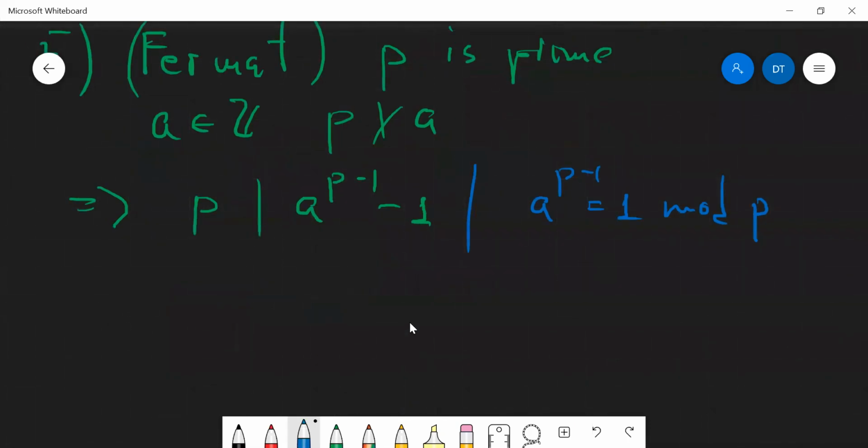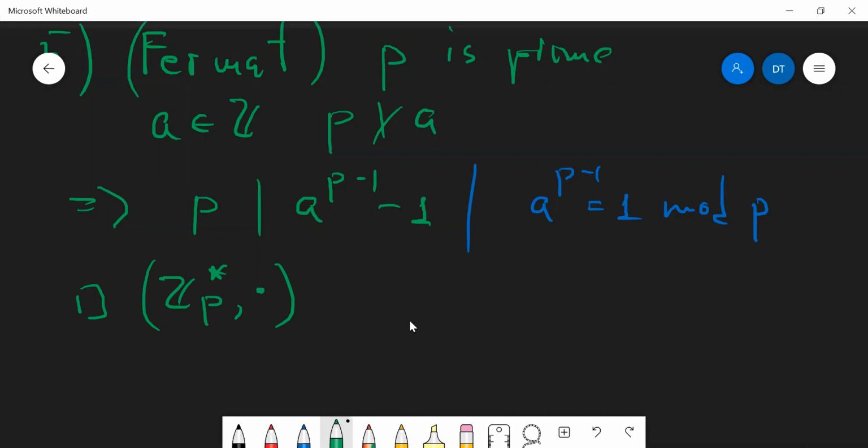So why is this? Well, let us consider the group Z_p star with multiplication. Z_p star means that we take all numbers from Z_p which are coprime with p. Here, since p is prime, this simply means we take all non-zero remainders with respect to p.